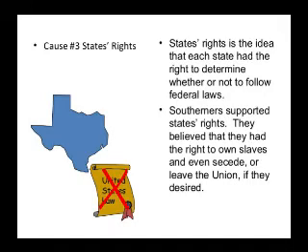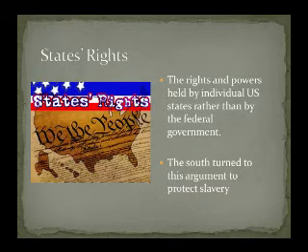The Southern states wanted no interference by the federal government in the state affairs. They reserved the right to reject any federal law which they did not like. Now, these rights were held by individual US states rather than by the federal government. The South turned this argument to protect slavery.